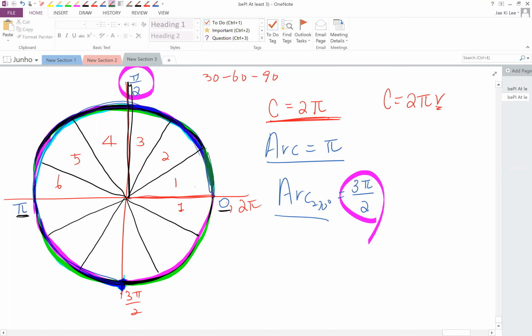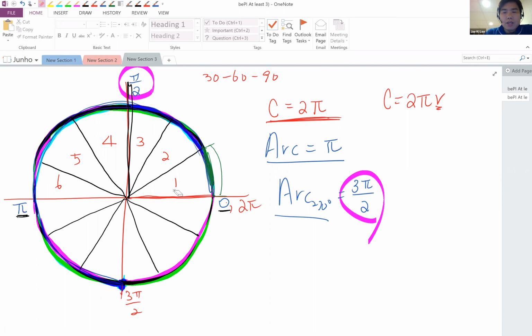Can't see what you're pointing at. So, this part, the arc of this part. 1/3 of pi over 2. How could you get 1/3 of pi over 2? Because it's a third. They cut it into thirds from 0 to 90 degrees, and 0 to 90 is pi over 2.